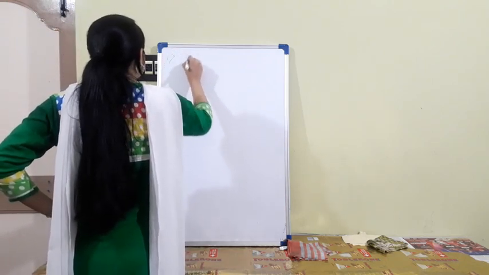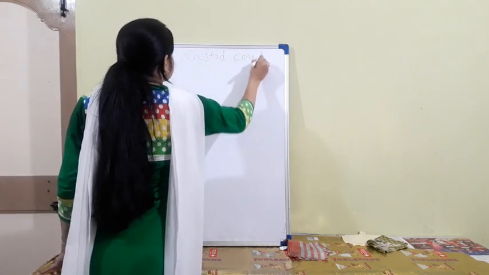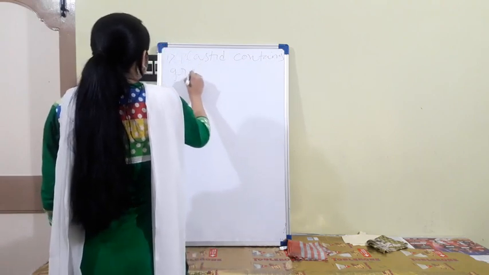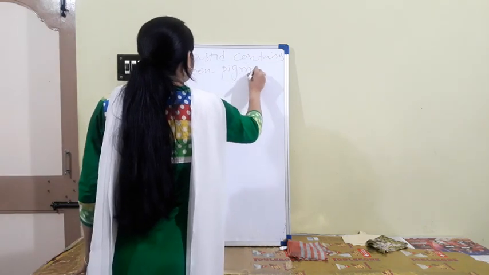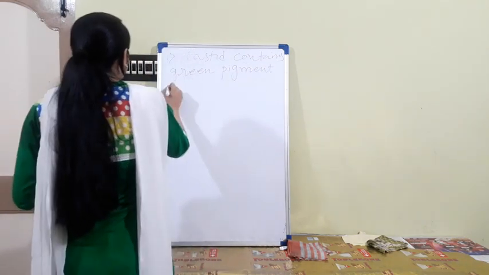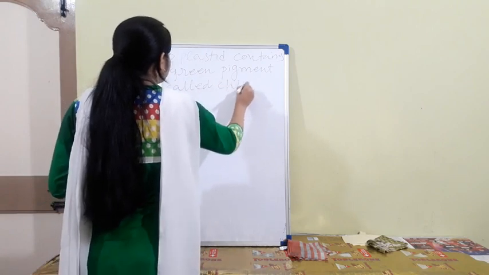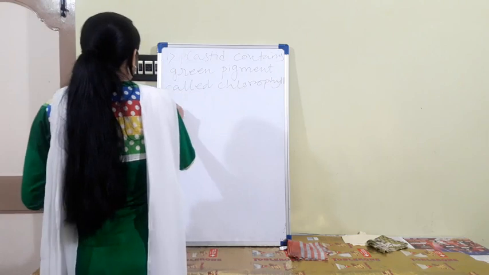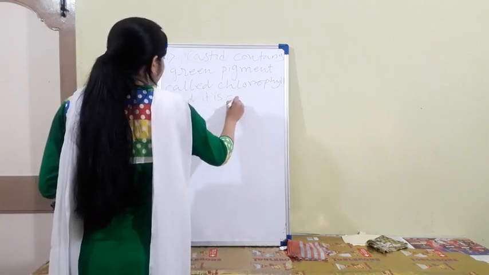Plastid contains green pigment called chlorophyll, and it is called chloroplast.